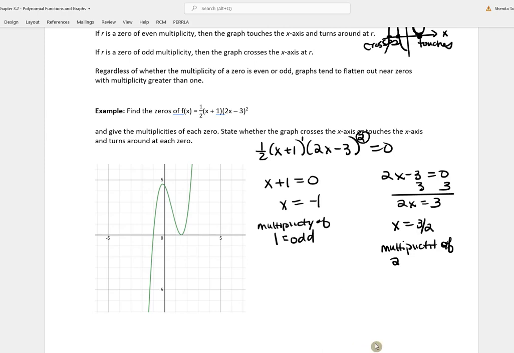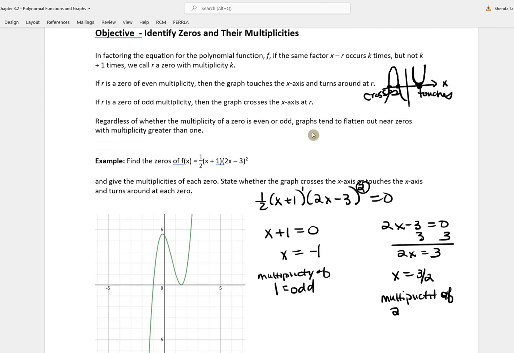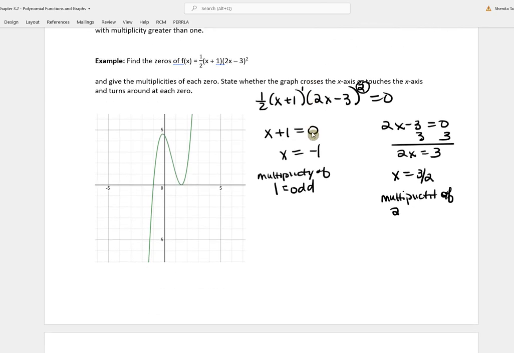Okay, so now multiplicity of 1 is odd. If you go back to what I said earlier, if r is a zero of odd multiplicity, the graph crosses the x-axis at r. So that means it actually crosses the x-axis at x is equal to negative 1. So the graph crosses the x-axis at x is equal to negative 1.